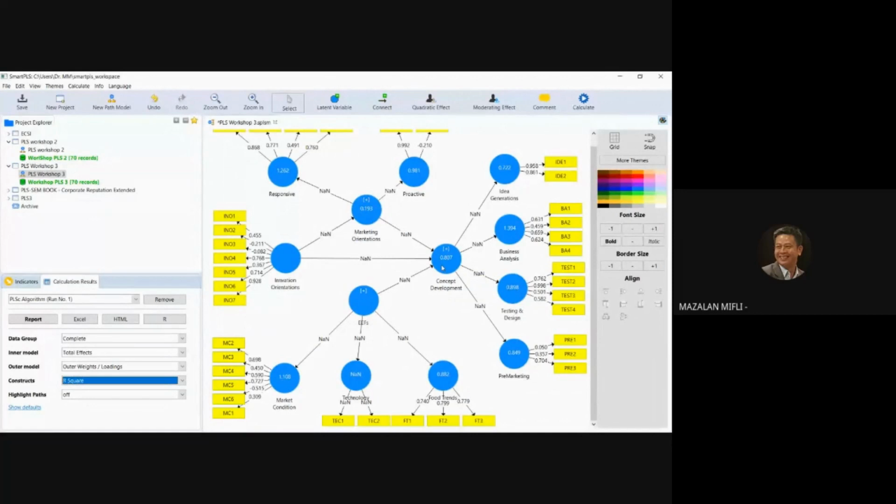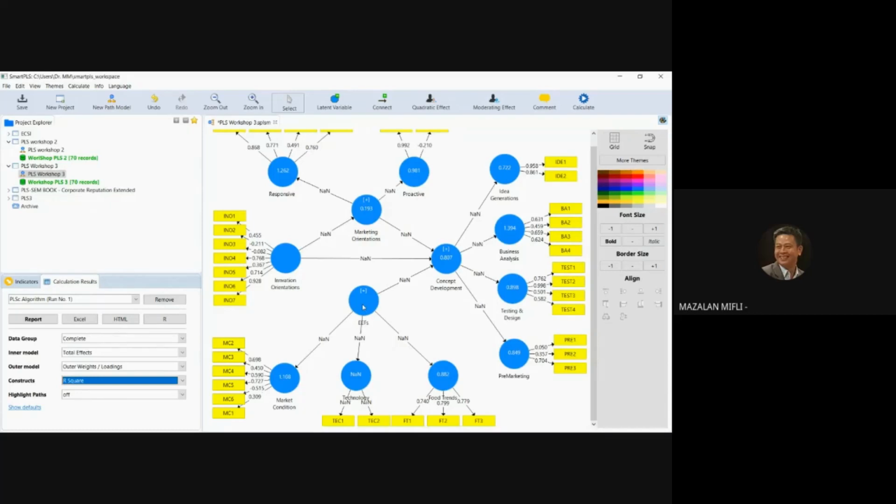In PLS3, we need to collapse this into a single latent variable, then only can it work. But this is not the case. This is not for today's workshop, and it's not my intention to show it to you. I just want to show you that you may end up with this kind of output or result.